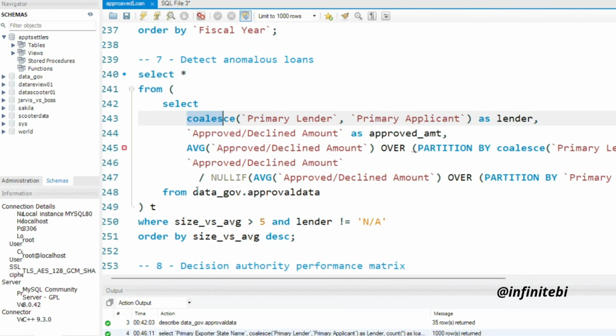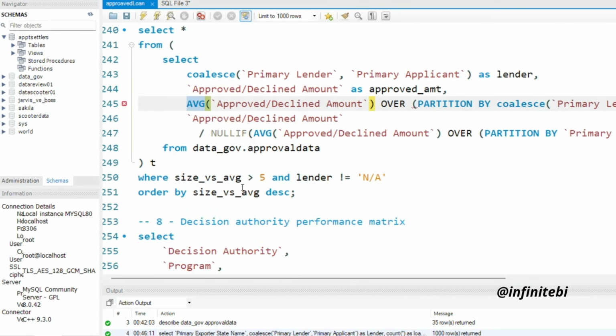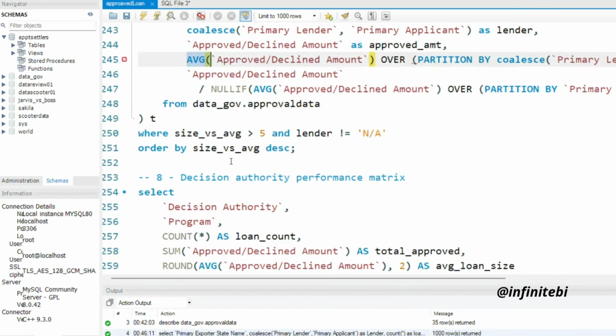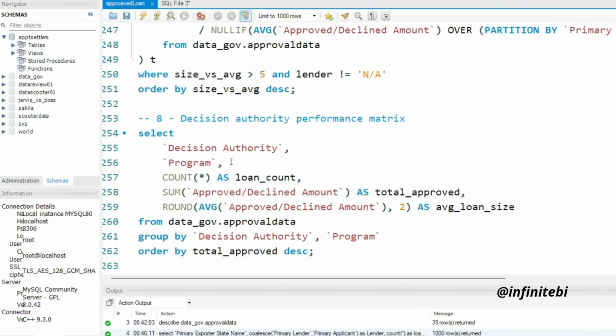I use the average function over a partition by the primary lender or the primary applicant, which is not advanced SQL, but intermediate to advanced MySQL, which is good for someone who wants to be a data analyst or data engineer. This is very important.